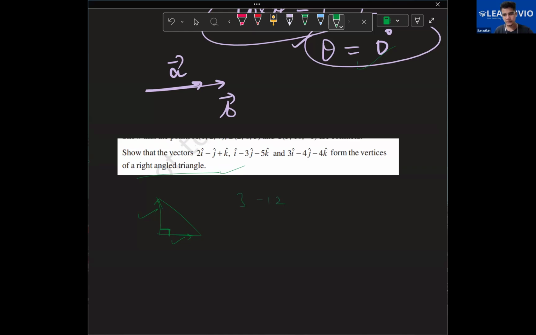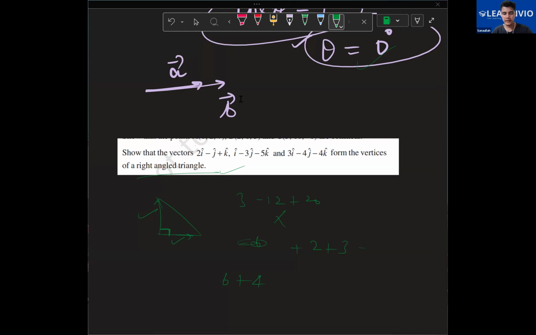3 Sir, -12 +20, no, -6. ओके, कौन कौन से वेक्टर का डॉट प्रोडक्ट 0 आ रहा है? फर्स्ट वन एंड... Is it audible? Yes sir.